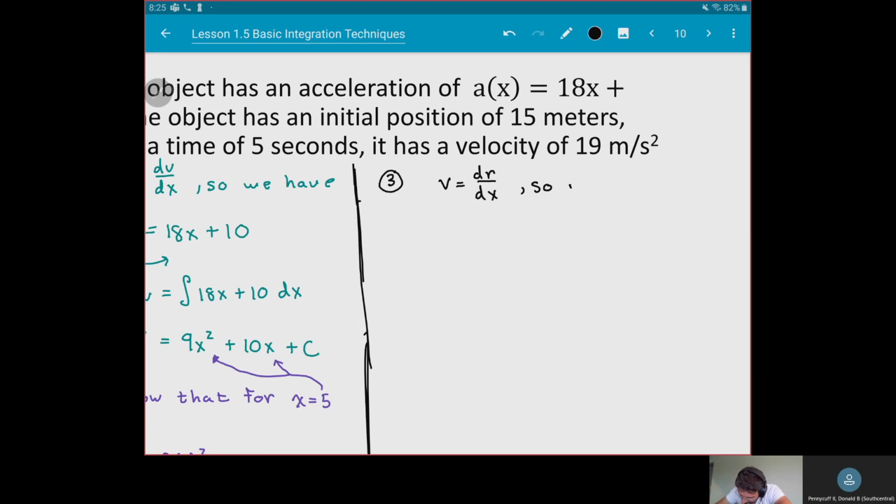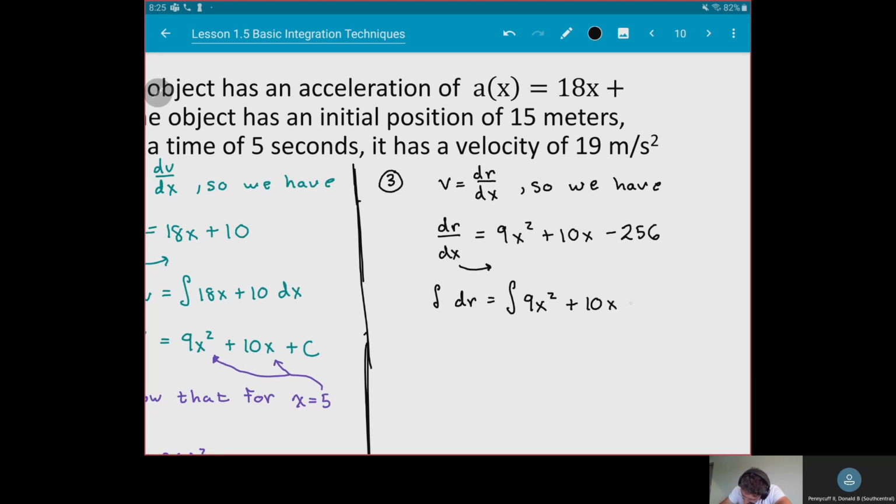So we have dr over dx is equal to 9x squared plus 10x minus 256. Then I'm just going to move the dx over again. So that's going to be the integral of dr is equal to the integral of 9x squared plus 10x minus 256 dx.